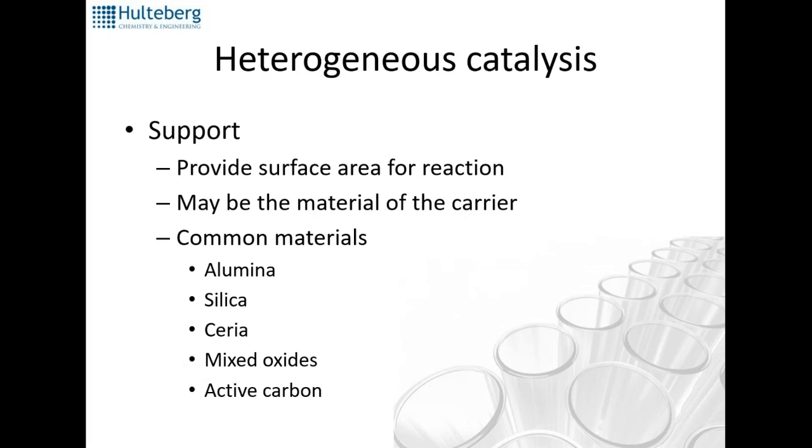The support can actually be the same material as the carrier, so we can make extrudates out of aluminium oxide, alumina, and use that as a support. Aluminium oxide is a very common support material, but so are silica, silicon oxide, ceria, other mixed oxides, as well as activated carbon.